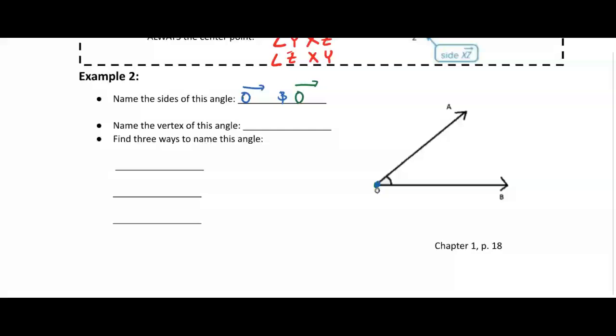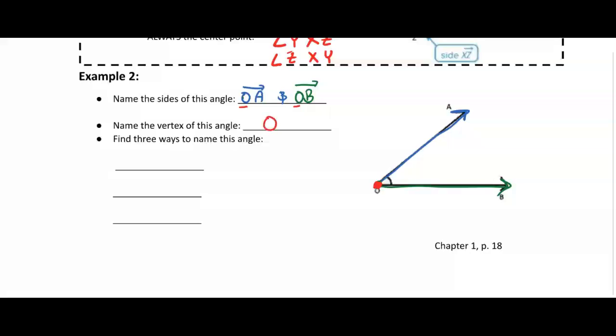Now one ray starts at O and goes through the point A, so it's ray OA. The other ray starts at O and goes through the point B, so that is ray OB. Which is the vertex of this angle? The vertex is the common endpoint. We see it in the names of both rays, which are the sides of the angle. So this vertex is O.